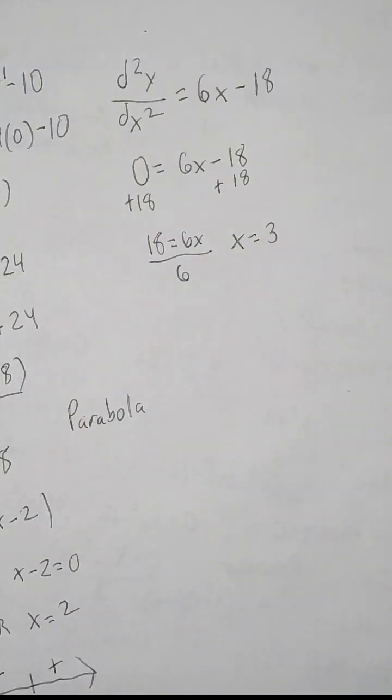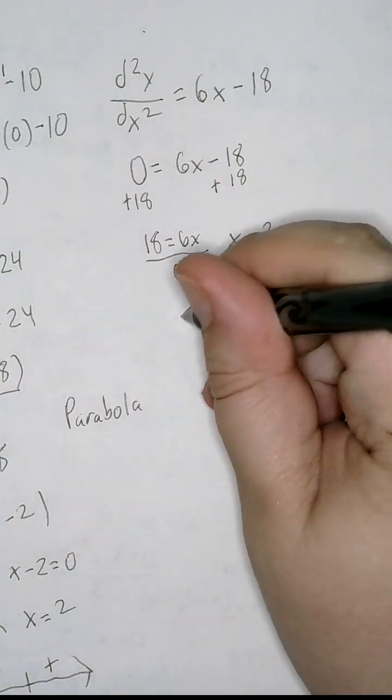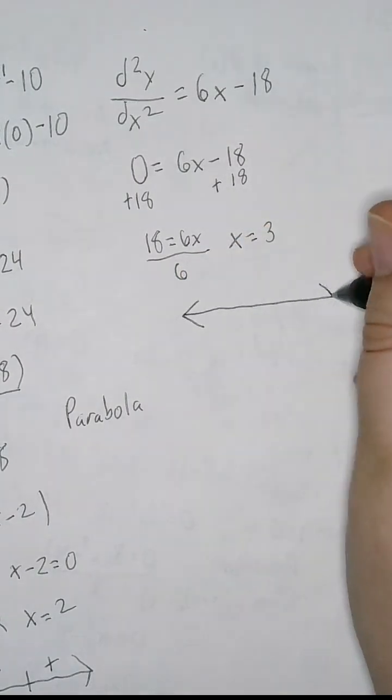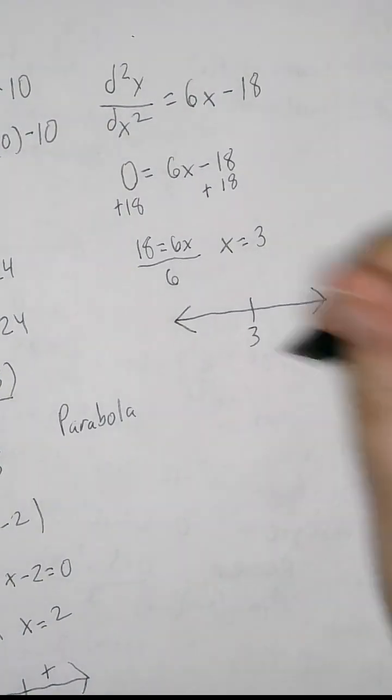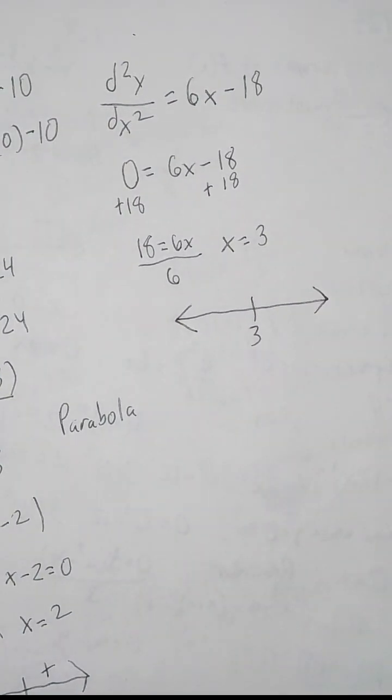Now let's go ahead and find concavity. So remember, I'm going to do the same thing I did earlier with my critical points to find which way my function is facing. Go ahead and pick a number that's less than 3. Okay, 1 works.